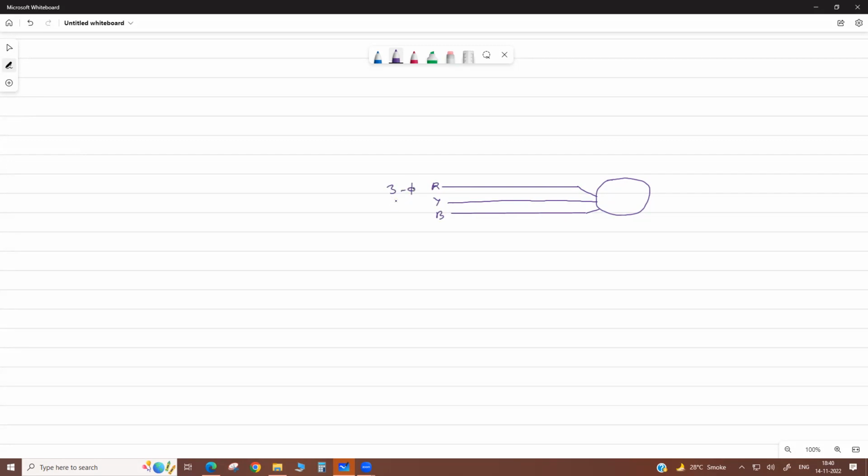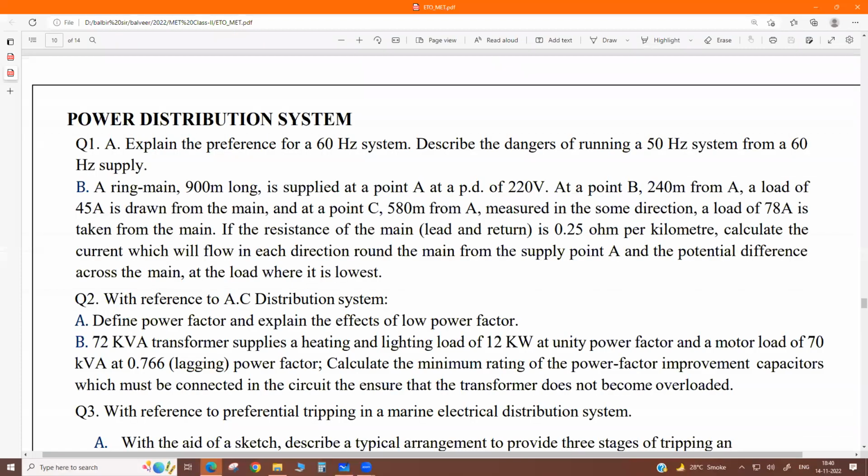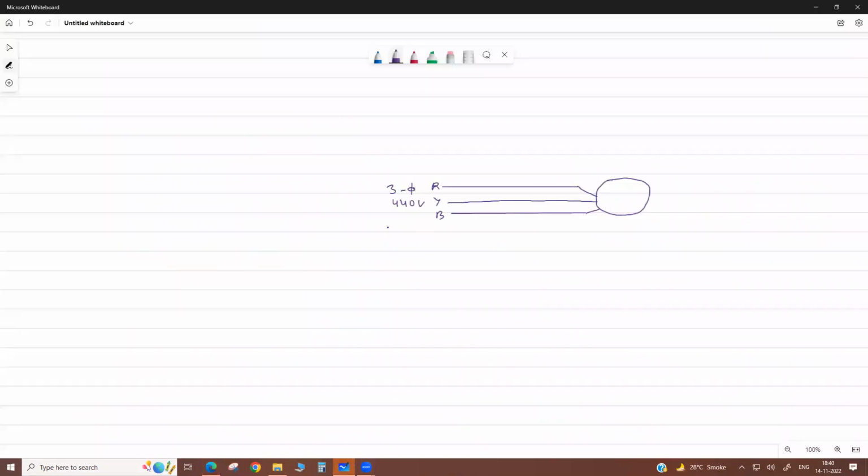Suppose here voltage is not given. We assume V is like 440 volt or 415 volt. Voltage is fixed. But here frequency, he said that if there is a 60 Hertz system, we are running on 50 Hertz. So suppose it is a 440 volt, 60 Hertz system, but the actual applied frequency is 50 Hertz. Then what is the impact on this motor?